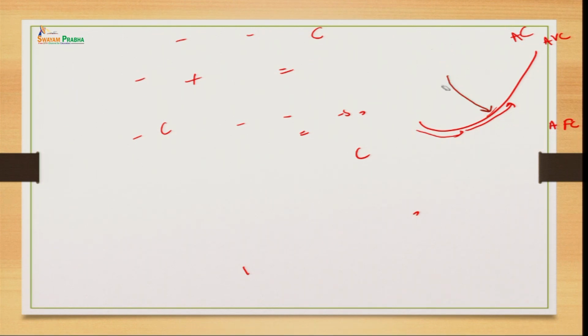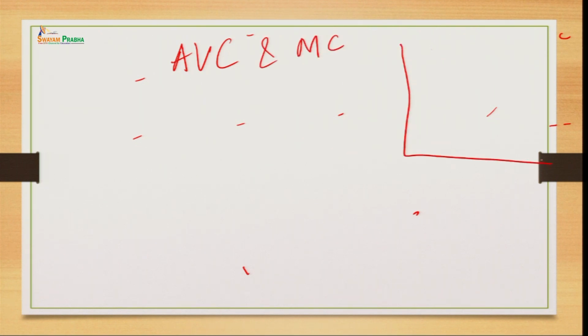So, let me remove this graph also from this paper. Now, let us look at the relationship between average variable cost and marginal cost, right. So, here we have this graph, this is our average variable cost and this is our marginal cost curve.